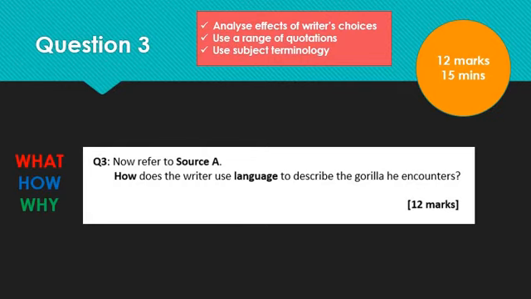So what is used to describe how he encounters the gorilla. How does the writer use language to describe the encounter, so like what technique is used, and then why, what effect does this have, why does he use this language.